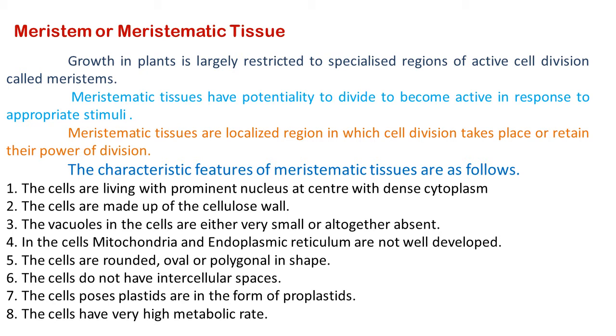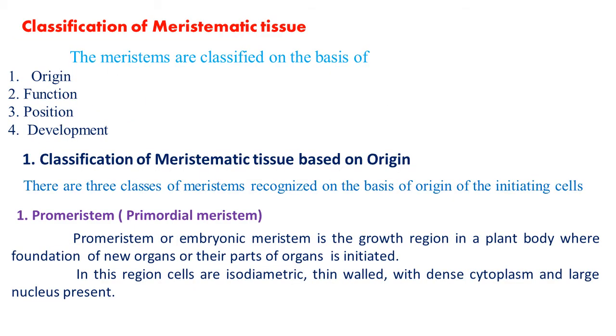The cells possess plastids in the form of proplastids. The cells have a very high metabolic rate. Now, classification of meristematic tissue.